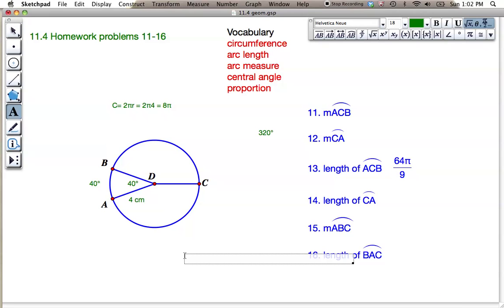I have 40 degrees over 360 degrees will equal, let's call the arc length of AB lowercase b, b over the total circumference, which we found up here to be 8 pi.